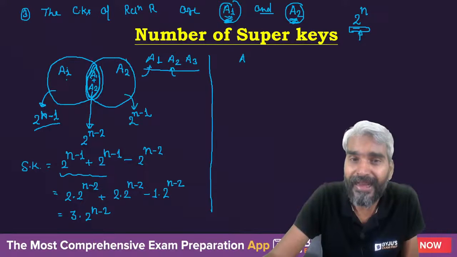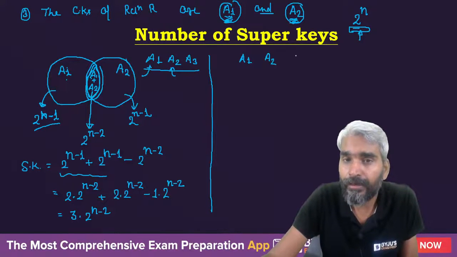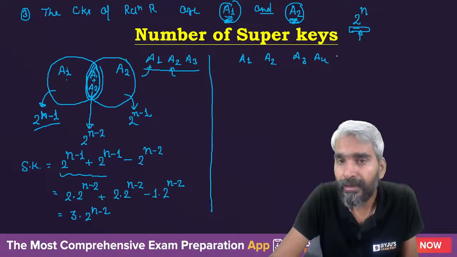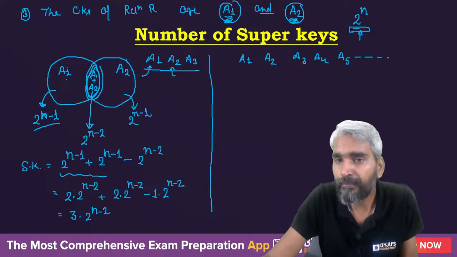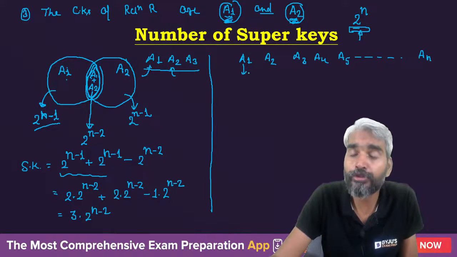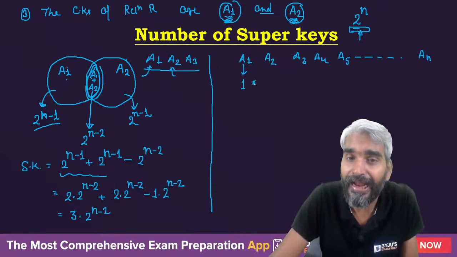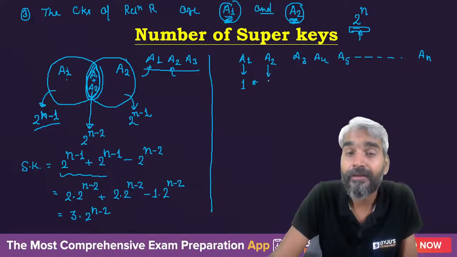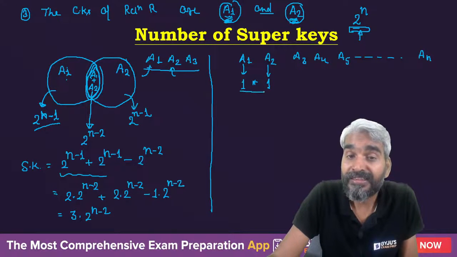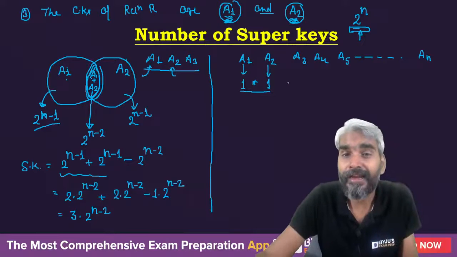So let's look at the idea. A1, A2, A3, A4, A5 up to AN. There are two ways of choosing each: either you choose A1 or you leave A1. There is only one way of leaving A1, and only one way of leaving A2. So this is the case in which both A1 and A2 are left.